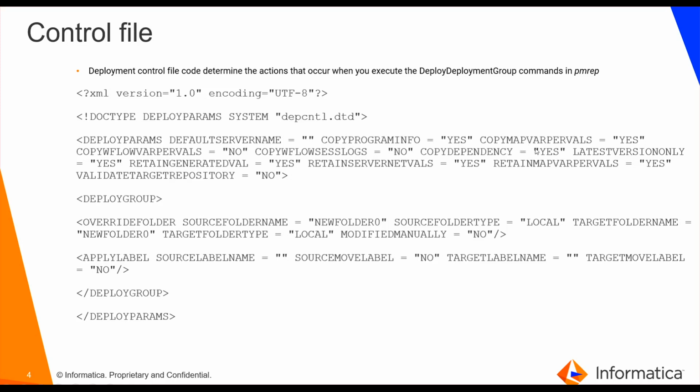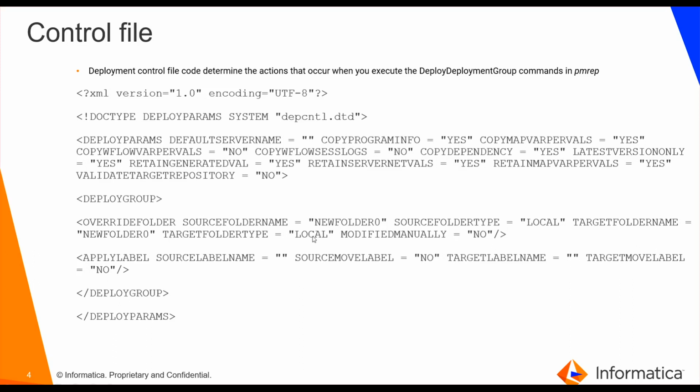mapping variable persistent values, and whether to copy the workflow and session logs, it is set to no, and whether to validate the target repository, it is set to no. If it is set to yes, then after the deployment, all the objects that have been deployed to the target repository will get validated, and if there are any errors, it will show up in the deployment log.